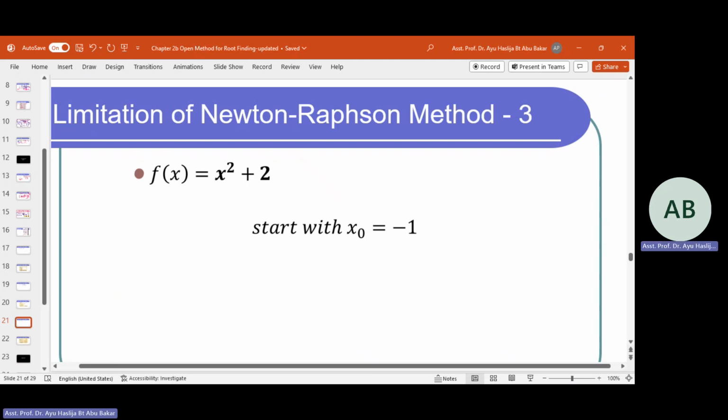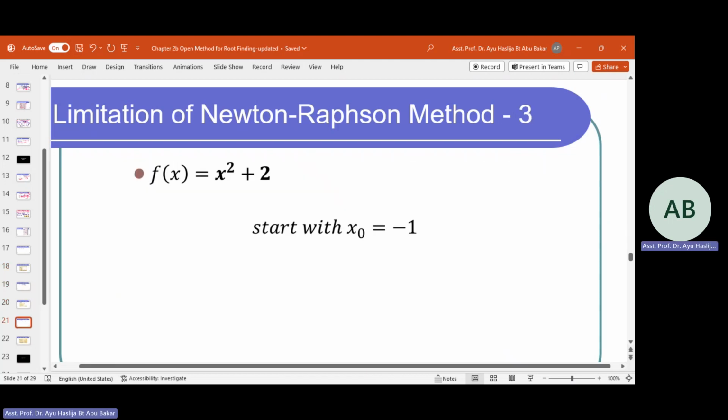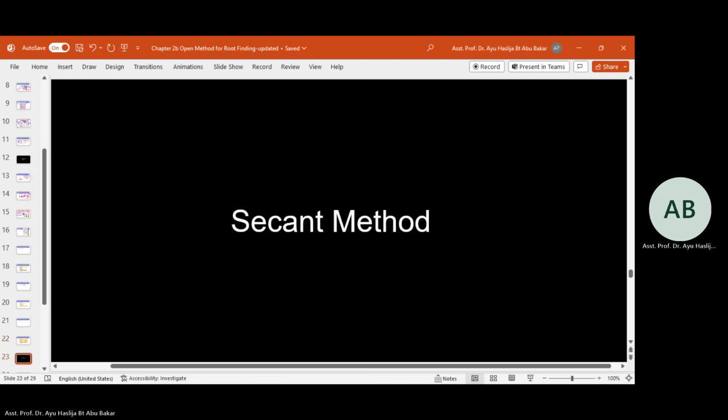So I'm giving this as your task. Try to find out what limitations number 1, 2, and 3 mean. I don't want only one person sharing the knowledge over here. You try to find out, then you share the knowledge with the rest of your friends. Now, this limitation, I leave it to you.